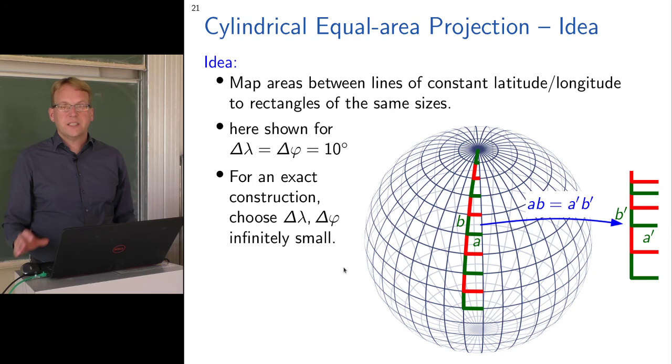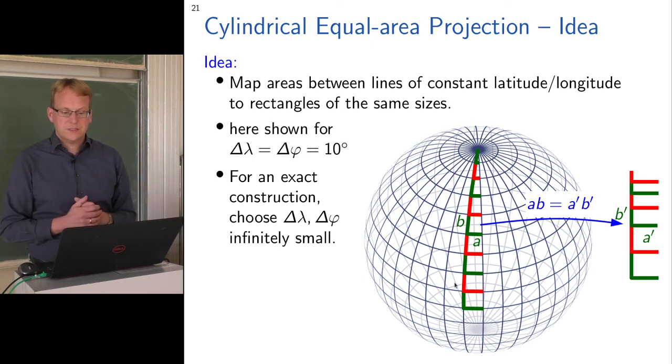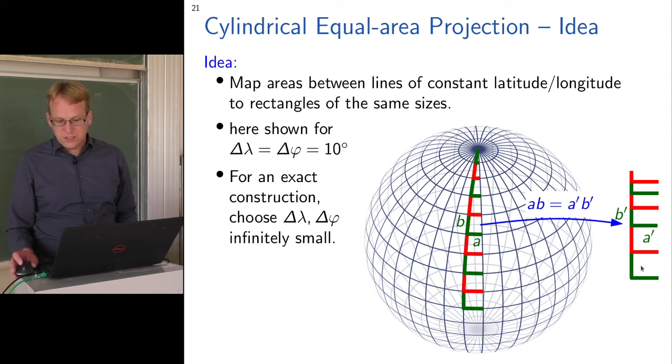Again, we can construct such a map projection manually. We look at this grid of lines of equal latitude and meridians, and each of these surface elements is mapped into a rectangle of the same area.